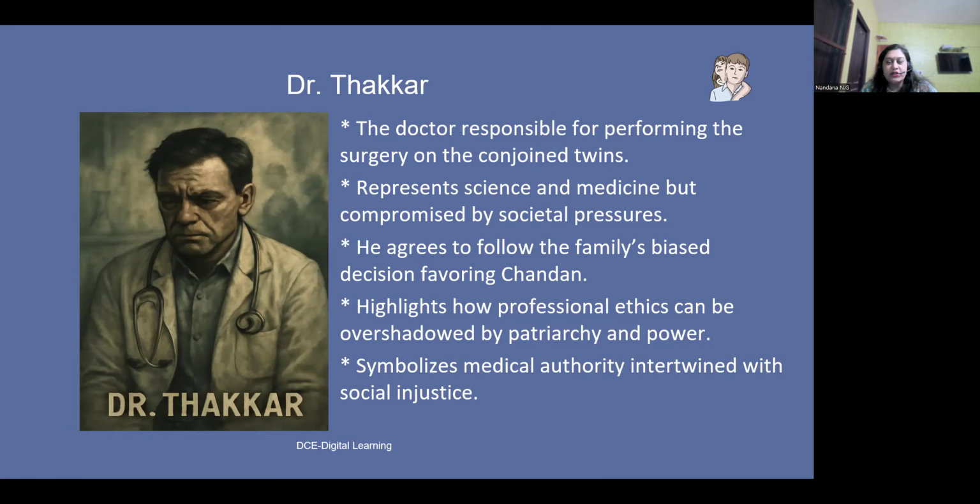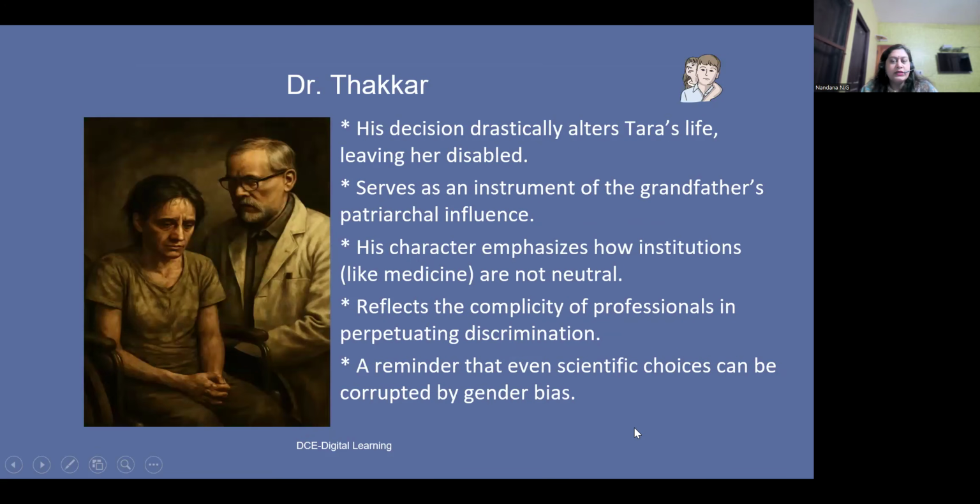So Dr. Tucker's attitude highlights how professional ethics can be overshadowed by patriarchy and power. Through his wrong action, he symbolizes medical authority intertwined with social injustice. His decision drastically alters Tara's fate, leaving her disabled.